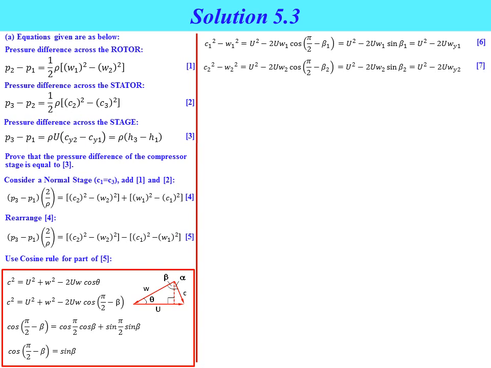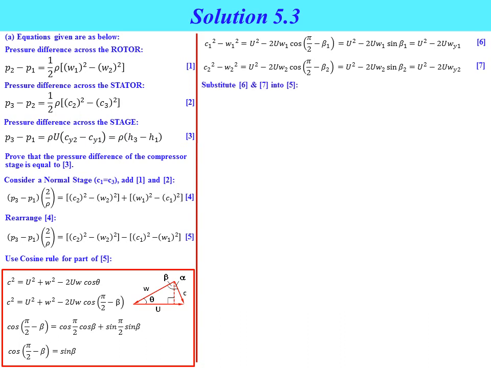The second term, C2 squared minus W2 squared, with the same equations, equals U squared minus 2UW2 cos of pi over 2 minus beta 2, which equals U squared minus 2UW2 sin beta 2, which equals U squared minus 2UWy2, represented by equation number 7.